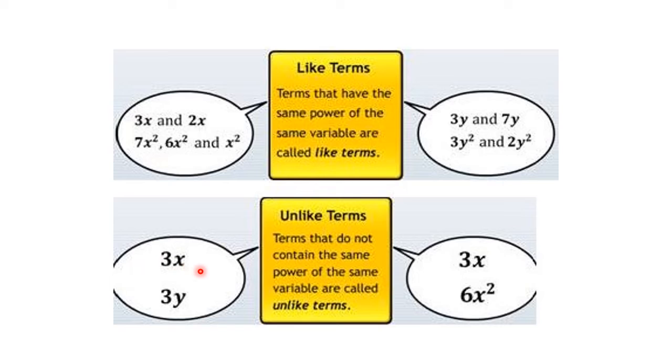Meaning either the power will not be the same, or you don't have the same variable. For example, here you have variable x and here variable y, so they are not like terms. Similarly here you have x and x, no problem, but the powers differ: here it is x raised to 1, and here it is x raised to 2, so they are unlike terms. All these things we are going to use when we study a few more exercises.